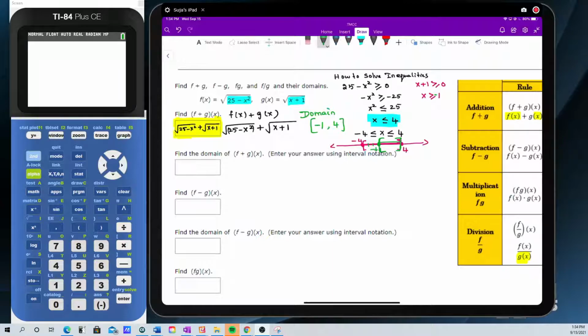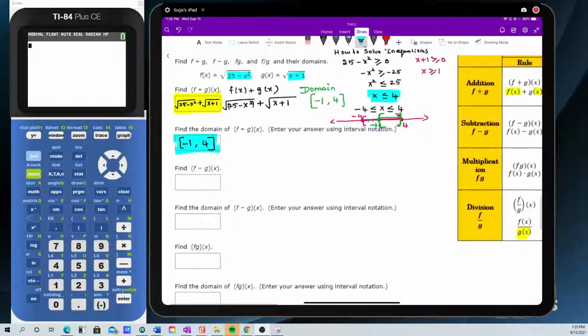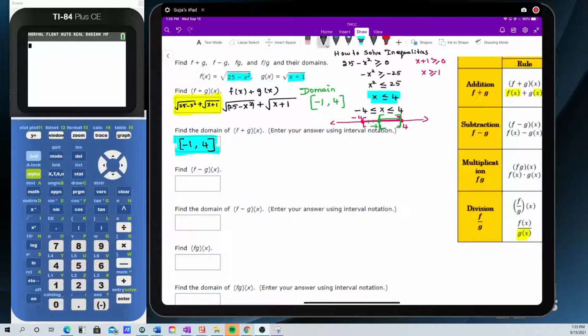Okay, let me go to the second part of the problem. Again, it's f minus g. Oh, the domain has to be written here, I think. So I would say bracket negative 1 comma 5 bracket. Okay. Second one is f minus g. So I'm subtracting it. Here again, it is f of x, which is square root of 25 minus x squared, minus square root of x plus 1.